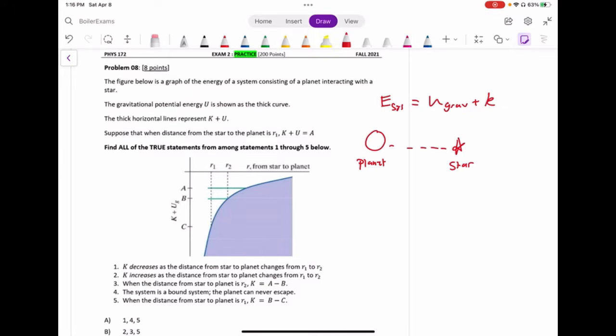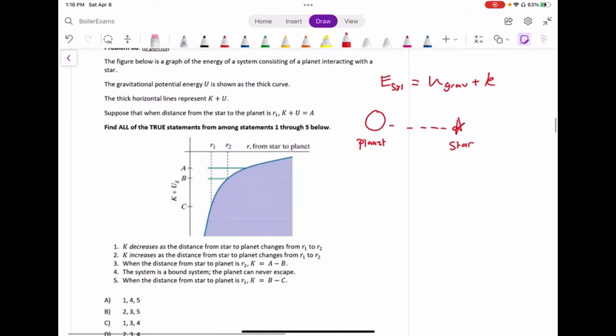Okay, and let's see here. The first question they ask is kinetic energy decreases as the distance from the star to the planet changes from R1 to R2. So we know this is our potential energy line. All right, we know that this is our total energy line.